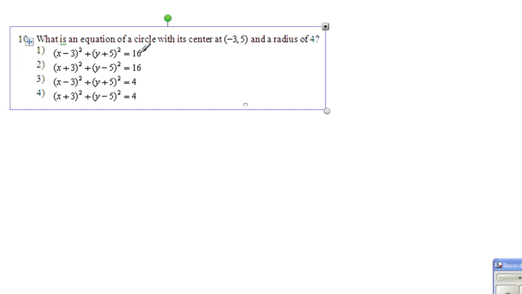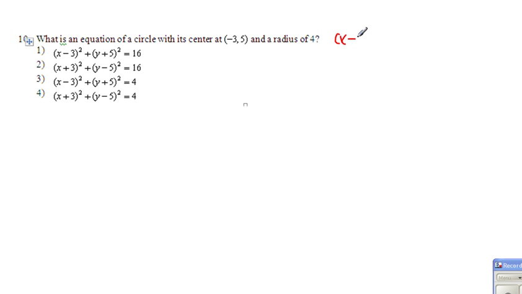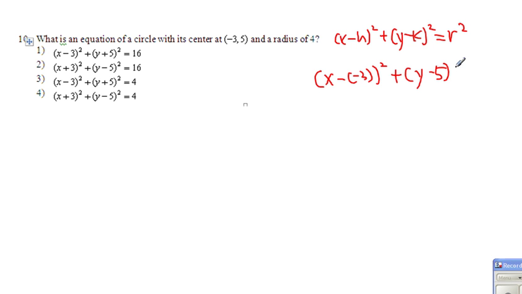Now, number 10. Circle here, the formula is (x minus h) squared plus (y minus k) squared is equal to r squared. Notice that h and k have a negative sign in front. That means if -3 and 5 are the center, then we would have (x minus -3) squared plus (y minus 5) squared.